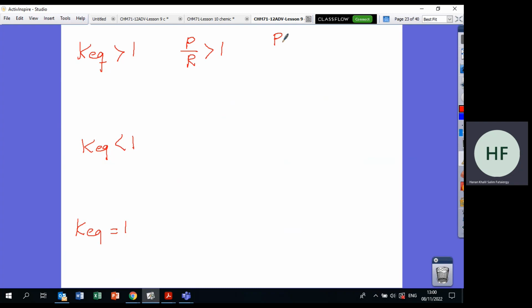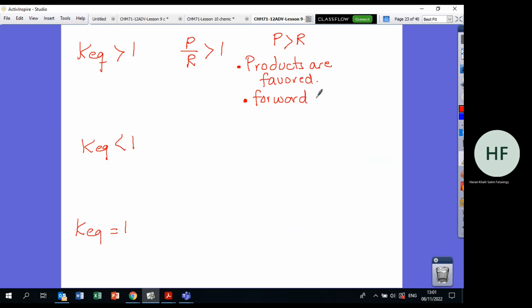This means that P is more than R. Here in this case I say products are favored. If the products are favored, do you think the reaction likes to go forward or backward? Products are favored, so the forward reaction is favored.